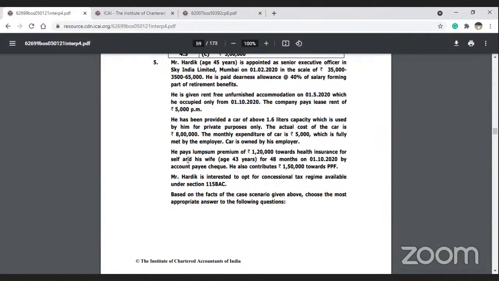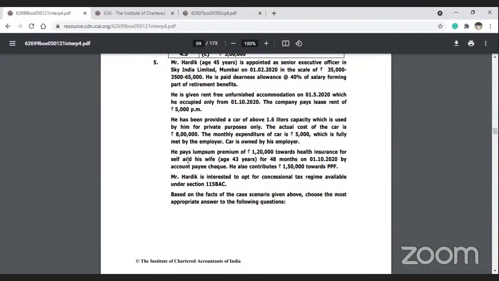Okay, wait. First we'll calculate as per normal provisions, then we'll calculate the difference and then we'll check the options. Yes, I think we should go for normal first. So normal will be again basic the same, DA is also 1,70,800.